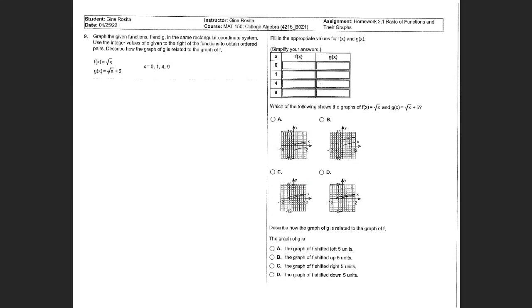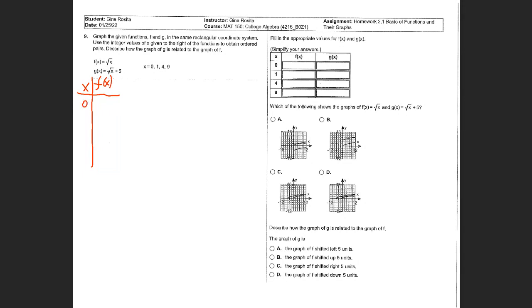Use the integer values of x given to the right of the function to obtain ordered pairs. Describe how the graph of g is related to the graph of f. This is the same. They give x equals 0, 1, 4, 9. So I just write down x and f of x.